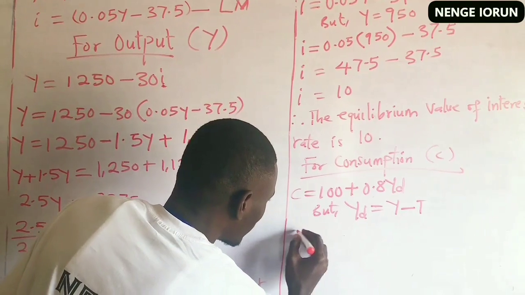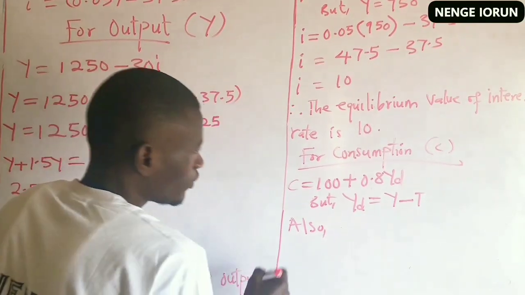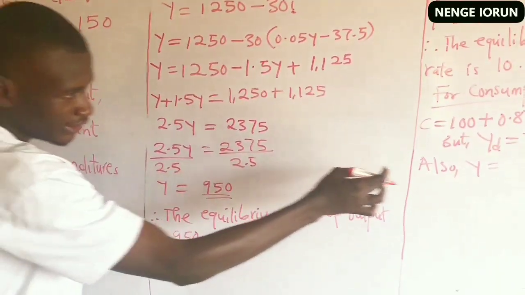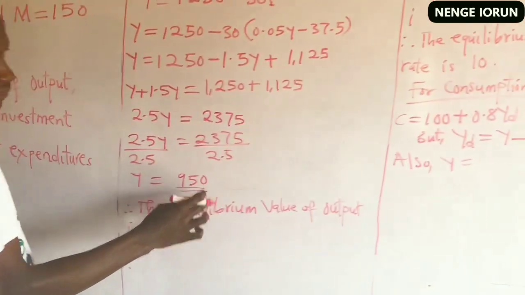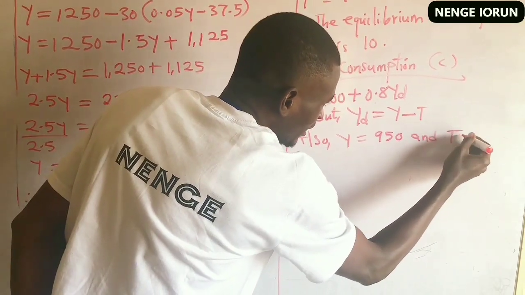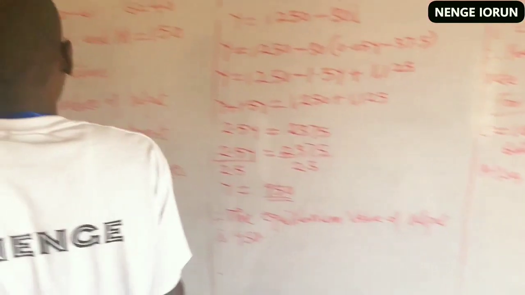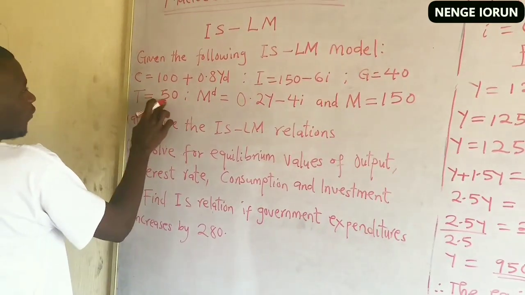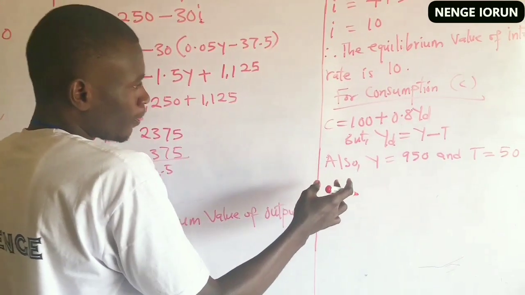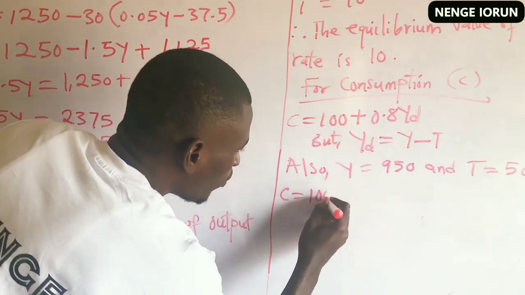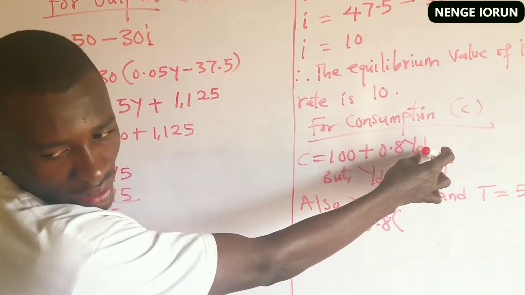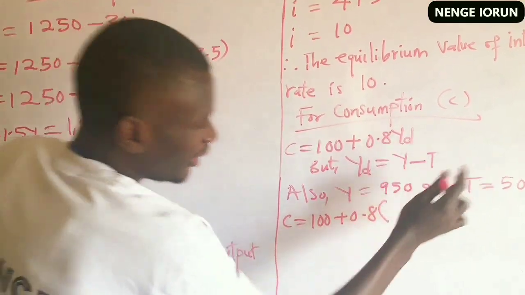You also discover that we have succeeded in getting a value for Y as 950. Y is equal to 950, and T, which is taxes, from the question T is what? 50. T is 50. So by substitution, in place of YD, you put Y minus T.